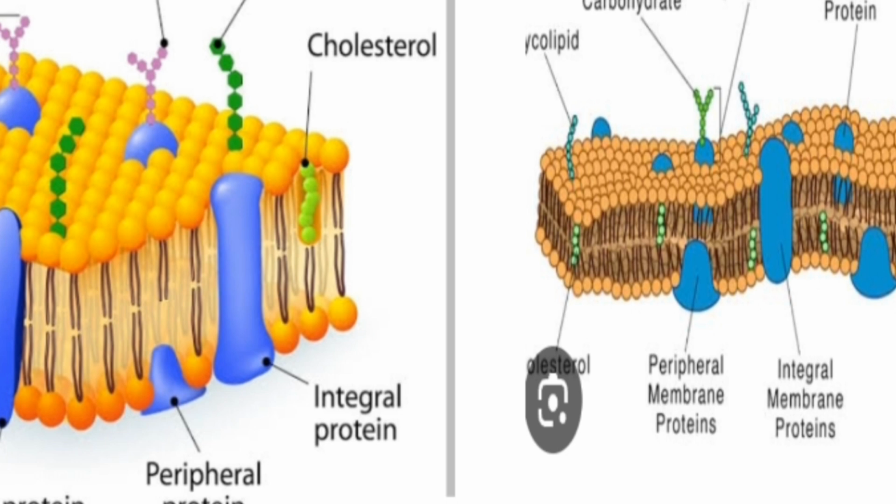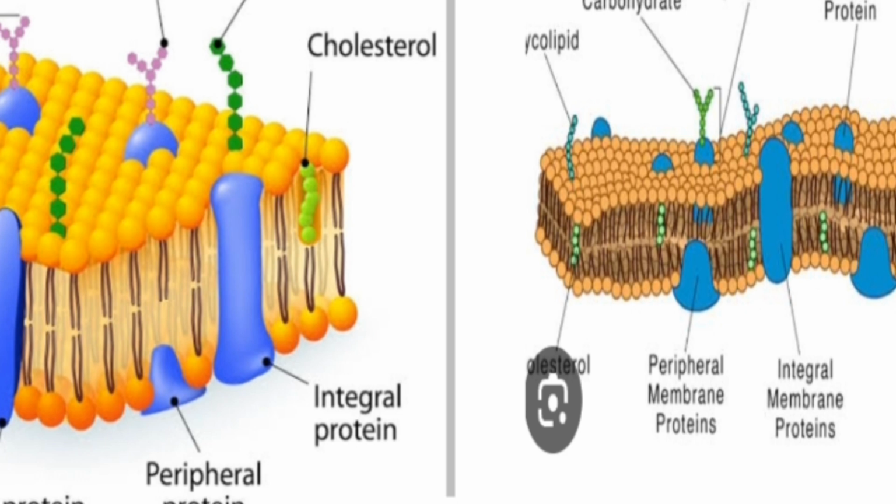So the channel protein and the peripheral protein account for the reason why polar substances can permeate the non-polar membrane structure.